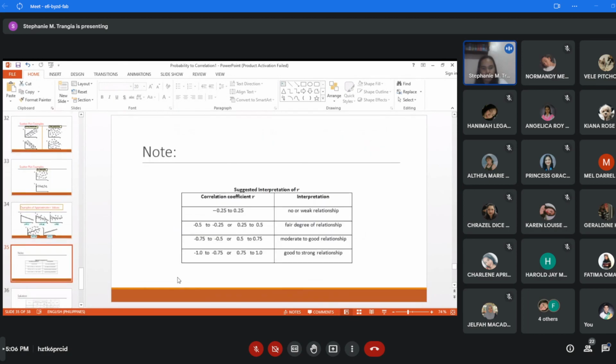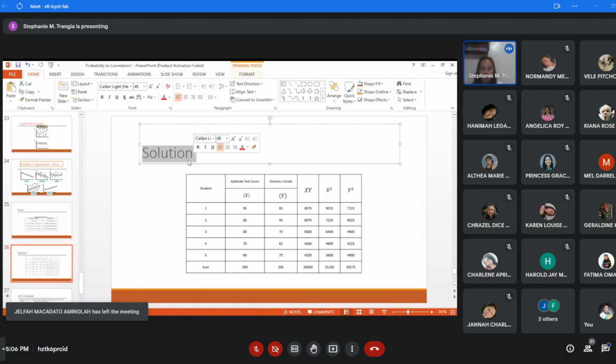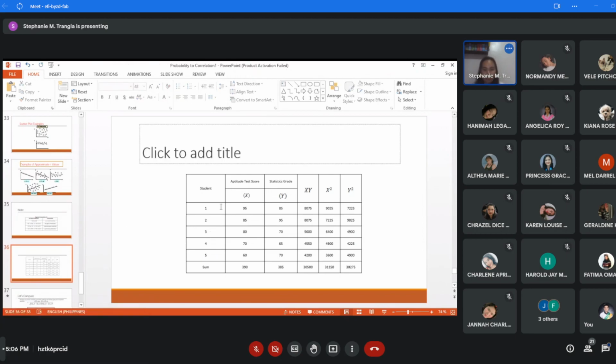So here are some suggested interpretations for R. We will see them later. We use the values from yesterday. We have here the aptitude test score, your statistics grade, XY, X squared, and Y squared.